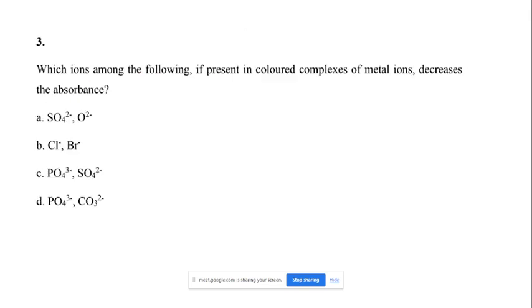Then question number 3: which ion among the following, if present in a color complex of metal, decreases the absorbance?